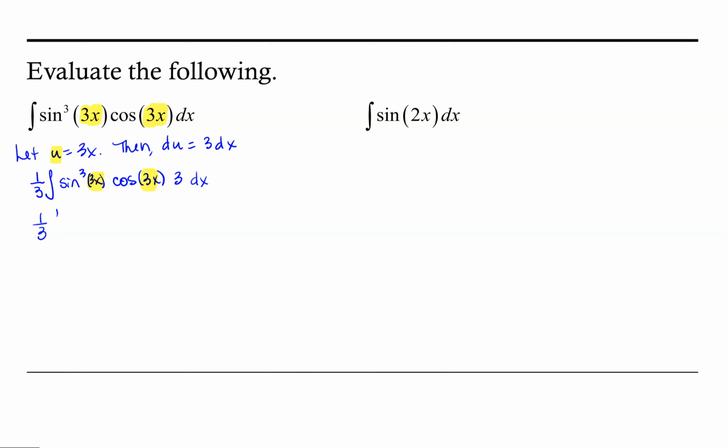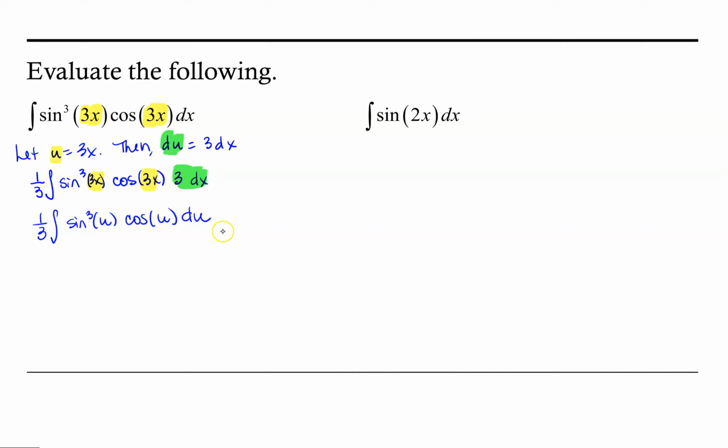So 1/3 the antiderivative of sine cubed of u, cosine of u, and then my du is 3 dx. So then du.